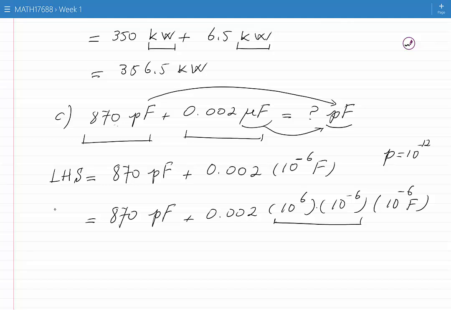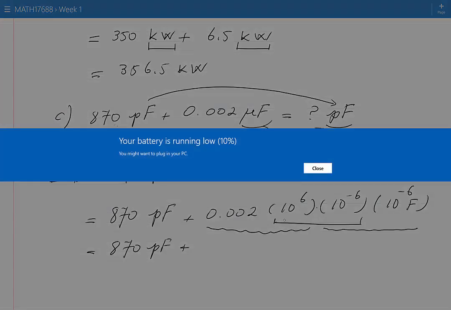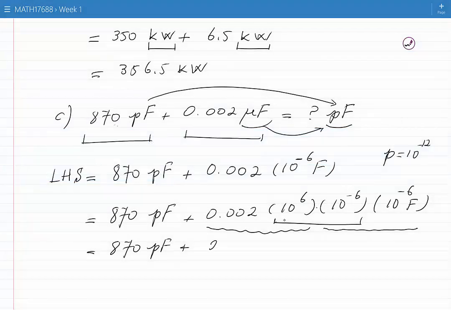However, now we can, let's write the first expression. We can consider 10 to the power of 6 with 0.002 and 10 to the power of minus 6 with the rest of the expression, and we will have, for 0.002 times 10 to the power of 6, 2000, and for 10 to the minus 6 times 10 to the minus 6 times farad, we will have 10 to the minus 12 farads, which is 1 picofarad.